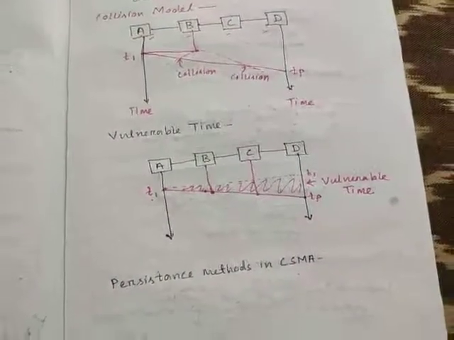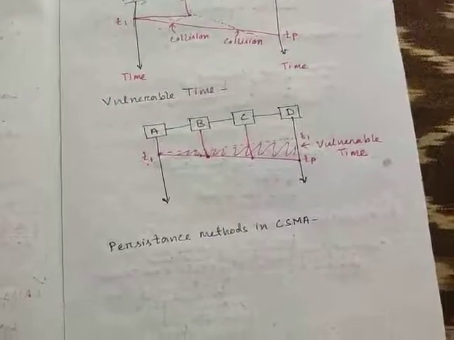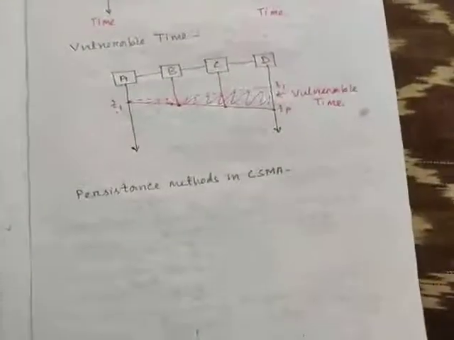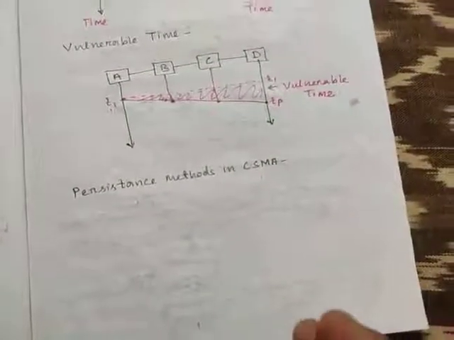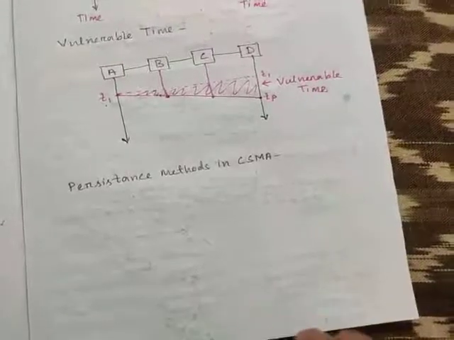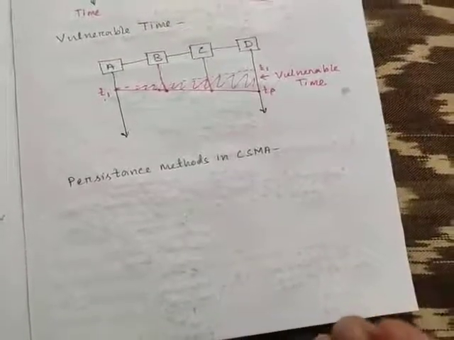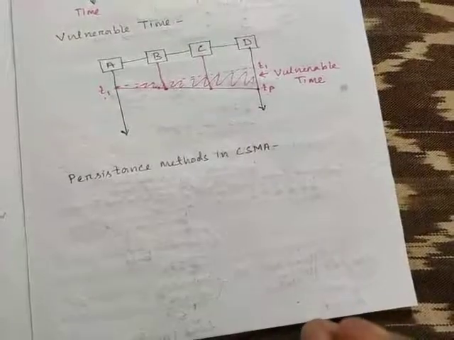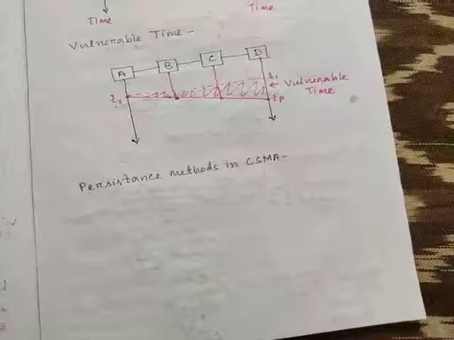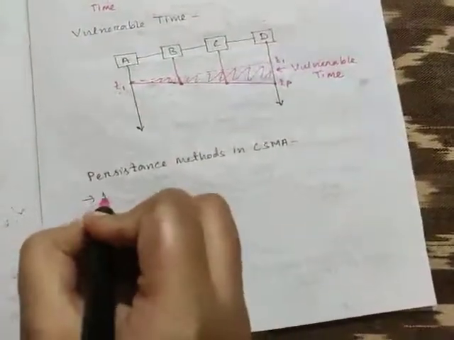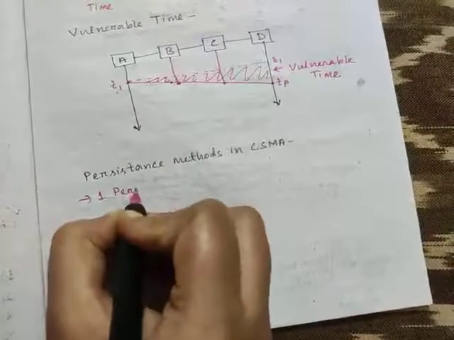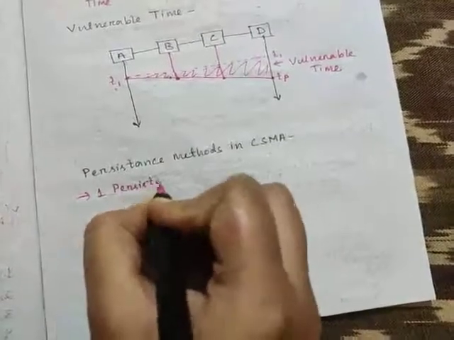Next, we discuss the persistence methods in CSMA. What is persistence? In general, persistence means the continued existence of something. There are 3 types of method. One is the one persistent method.